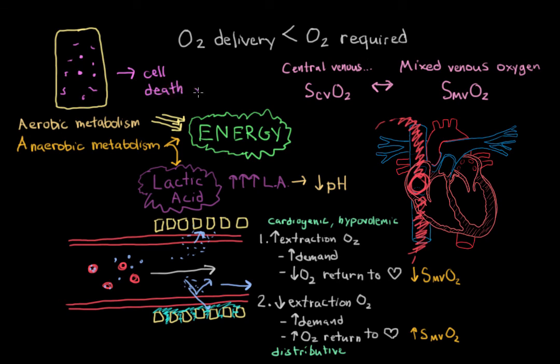So though initially this process is reversible, if shock continues long enough, cells may begin to die. They're starved from oxygen and starved from energy. And so you can see differentiating these types of shocks and understanding the basics of shock can help health practitioners prevent the potentially devastating problems that can arise in a patient who has shock.